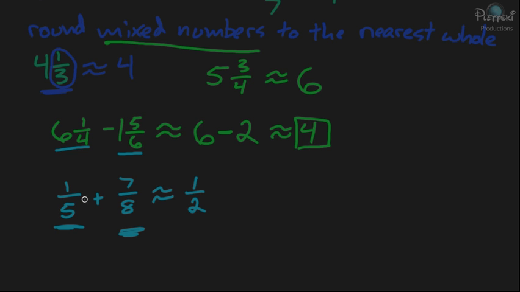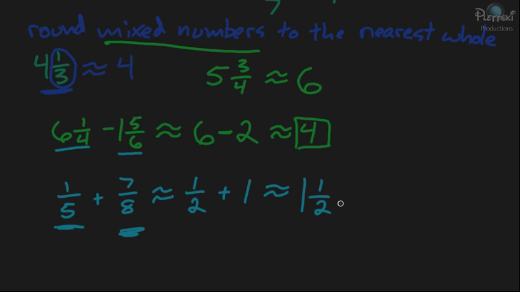You're not going to say, well, 1/5 is close to 0, so I don't need any ribbon. Well, you do need 1/5 of a yard. So we'll round that to 1/2. And then the 7/8, we're going to round to a 1. So you're going to add 1/2 and 1. And you'll say, well, for this project, I'll need about 1.5 yards of ribbon.